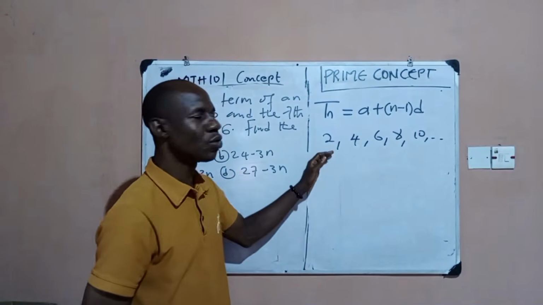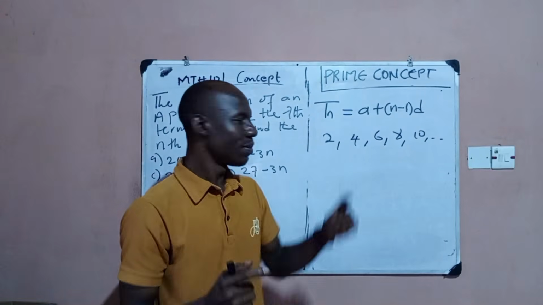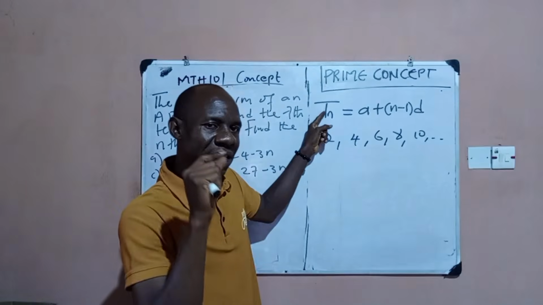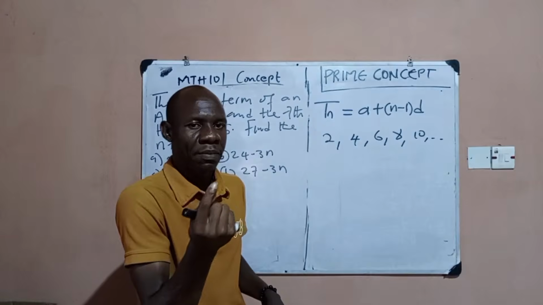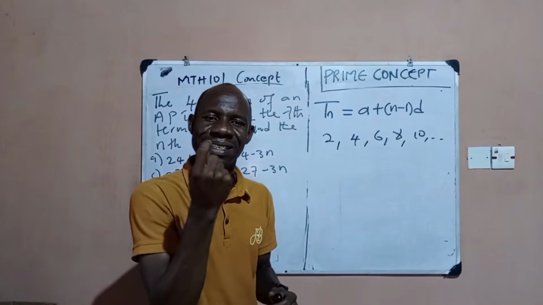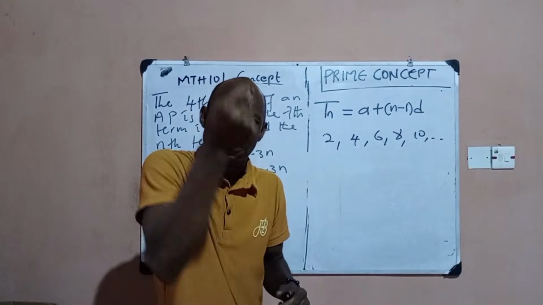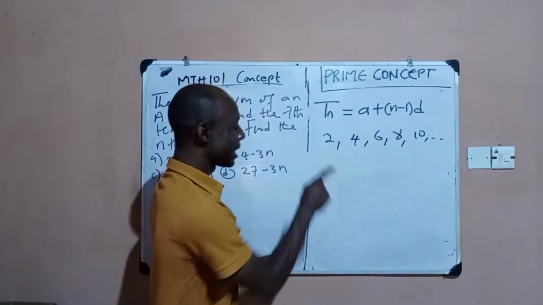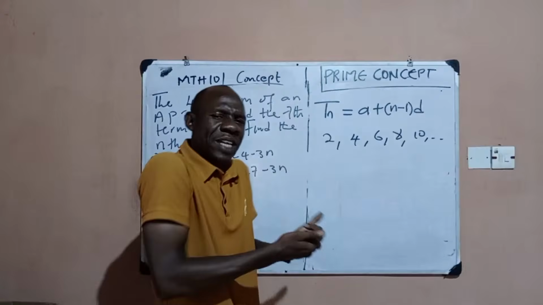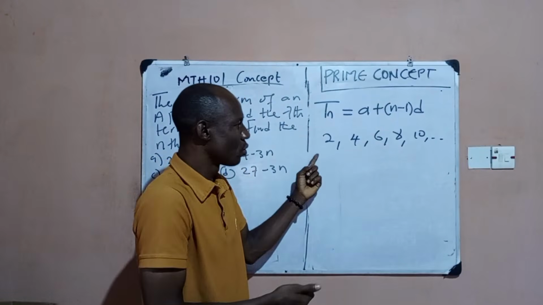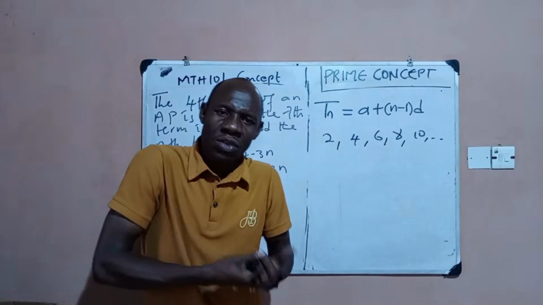It means that this is what? An AP. So remember I said nth term means position. If I tell you what is the first term, it means the term that is occupying the first position. What is that term? It is 2. What is the second term?